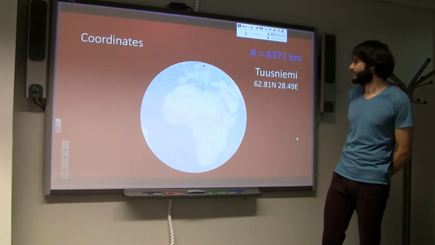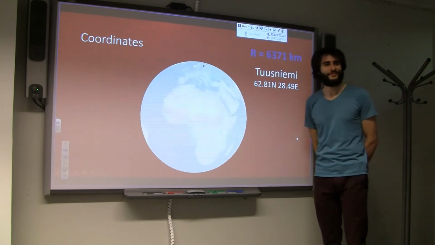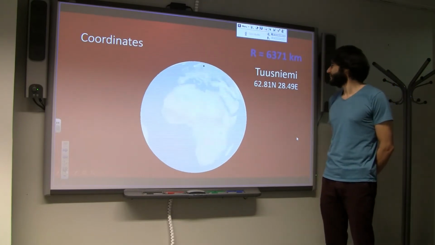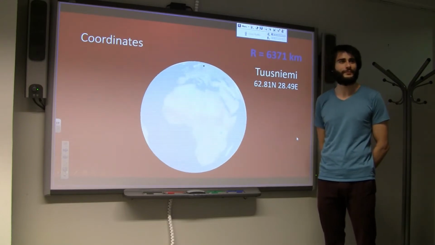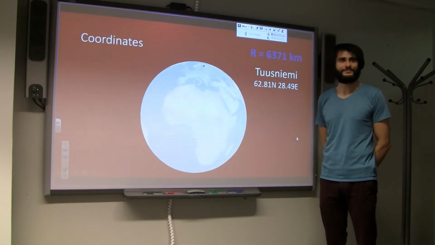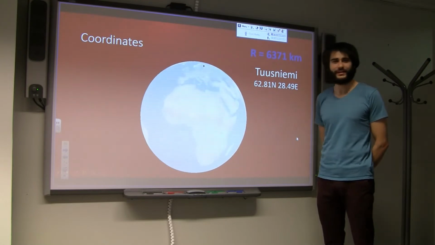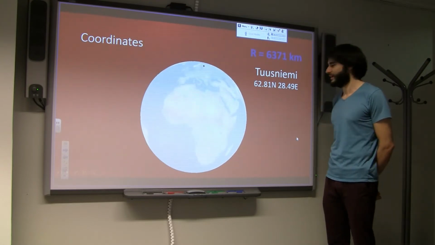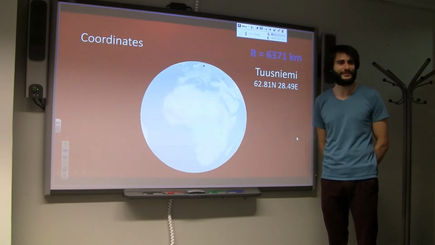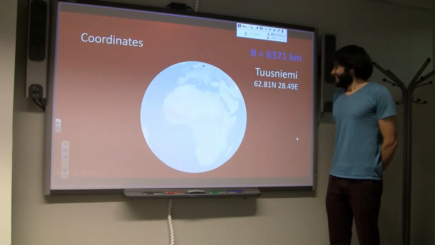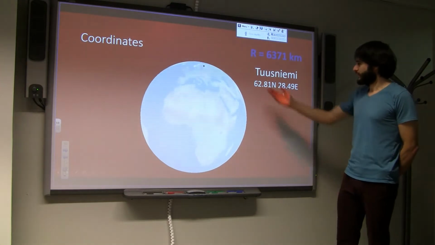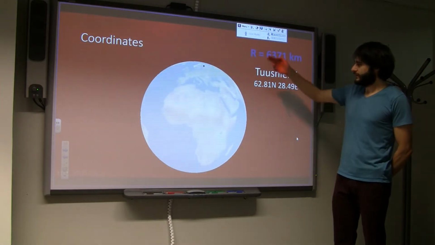So this is Tuusniemi. It's a city about halfway from Joensuu to Kuopio. I'm using it now as an example here to favor both sides of this teaching. And it has coordinates. It has the latitude coordinate first.